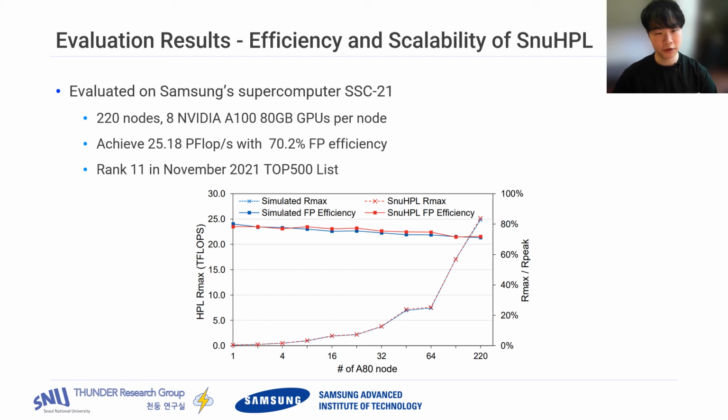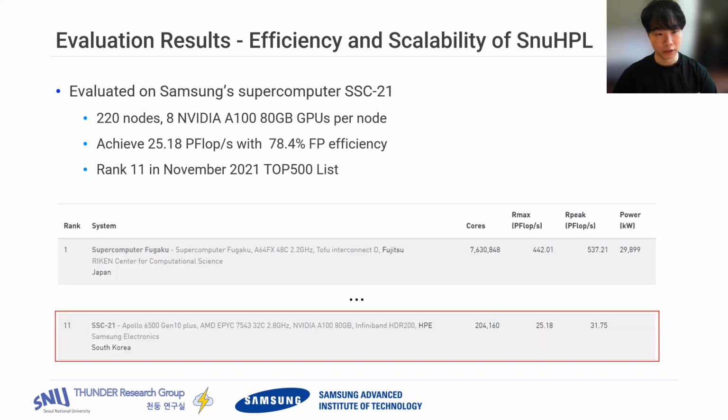As you can see in the figure, the floating point efficiency only drops about 6% from a single node to 220 nodes, so SnuHPL is scalable to large clusters of modern high-end GPUs. Also, the SnuHPL simulator estimates the running time of SnuHPL on large clusters quite well, with an error margin of 5%. With this result, SSC21 is ranked at 11th place in the November 2021 Top500 list.